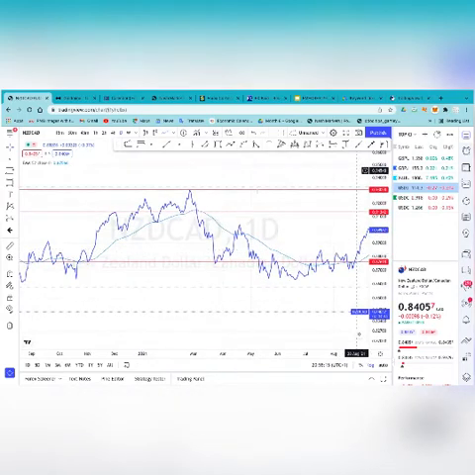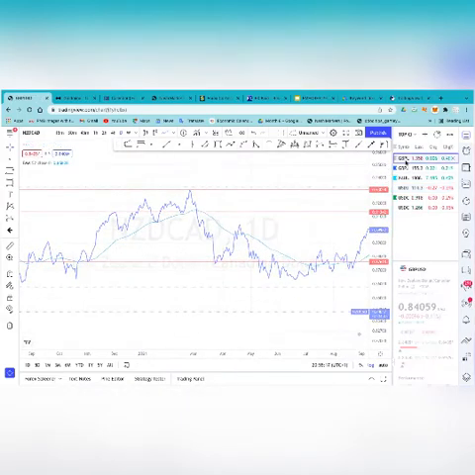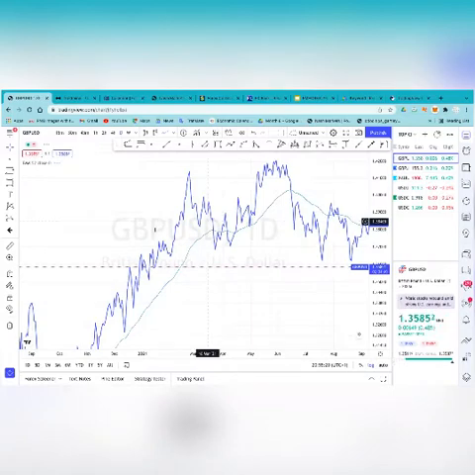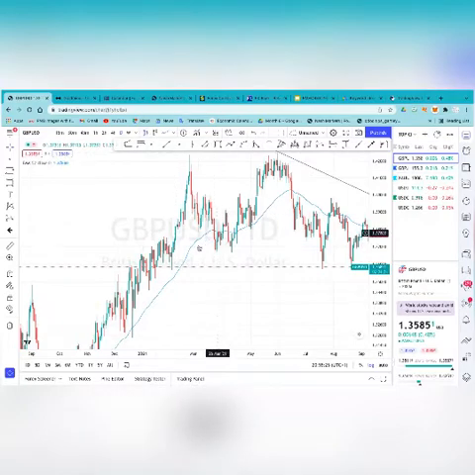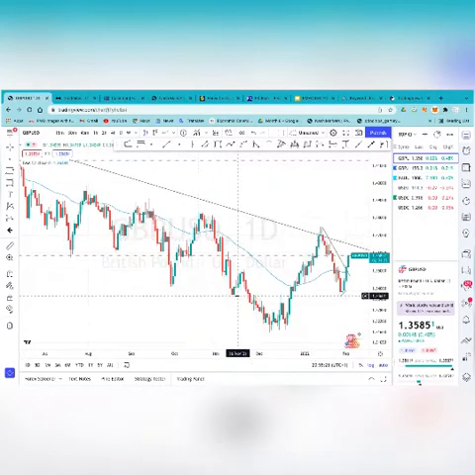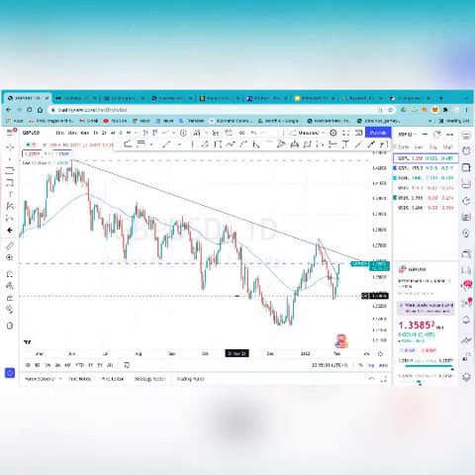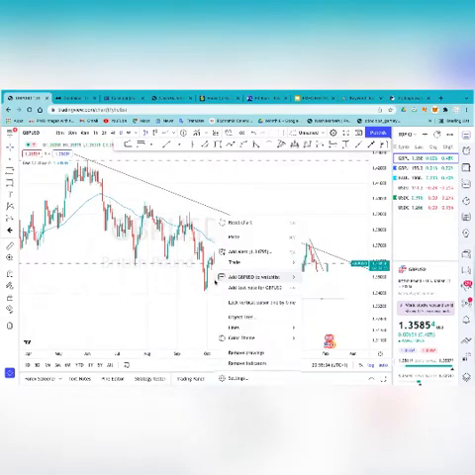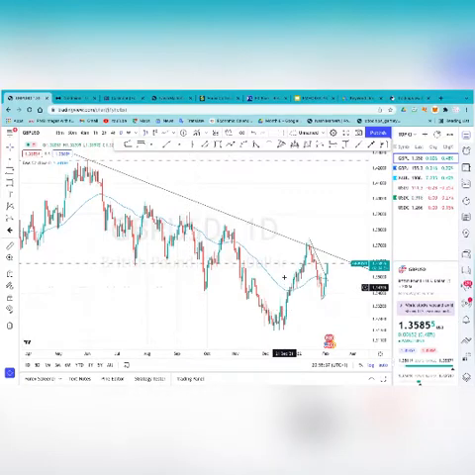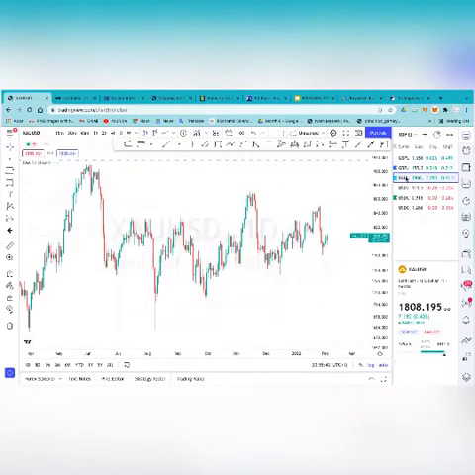That's why you can see something like this on my GBP USD. Let this whole line come up. I think I've mistakenly cleared most of this stuff. So let me see other charts.